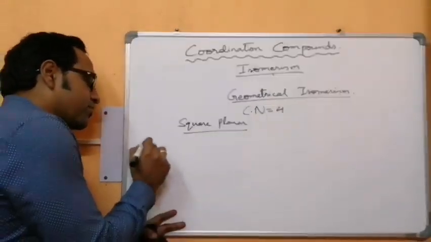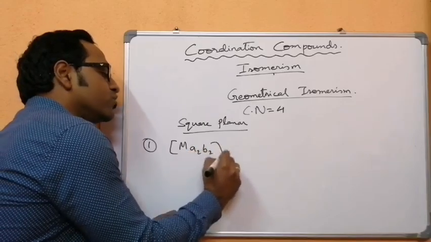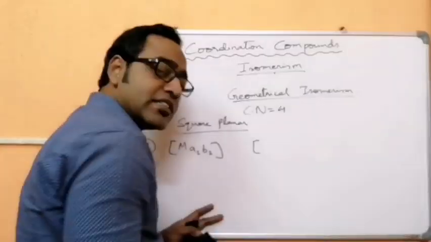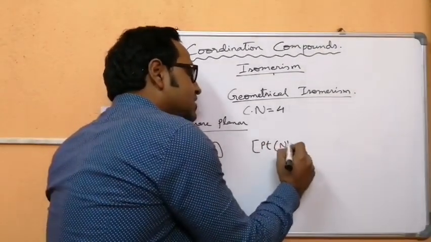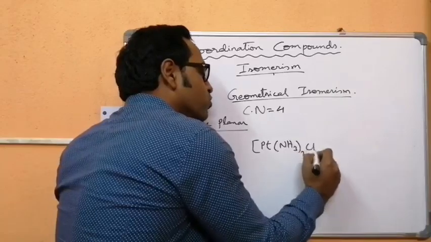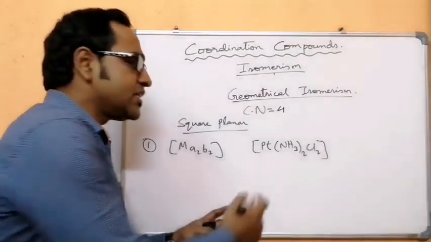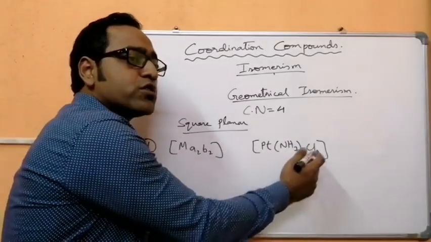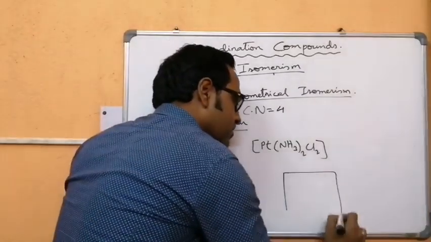For example, the first type is MA2B2 type. In CBSE the question often arises: draw the isomers of Pt(NH3)2Cl2. Now this Pt(NH3)2Cl2 will have 2 isomers, cis and trans.